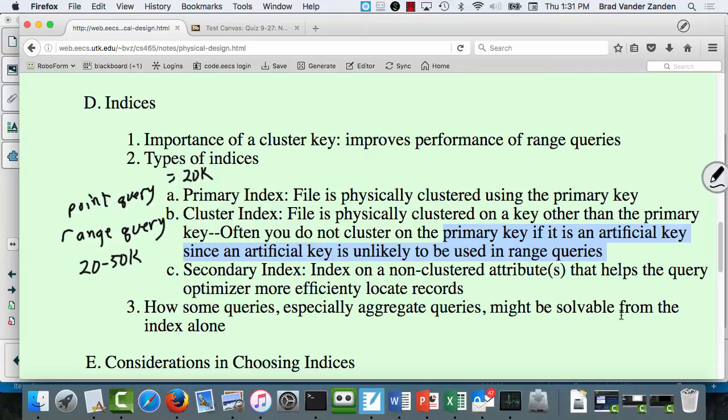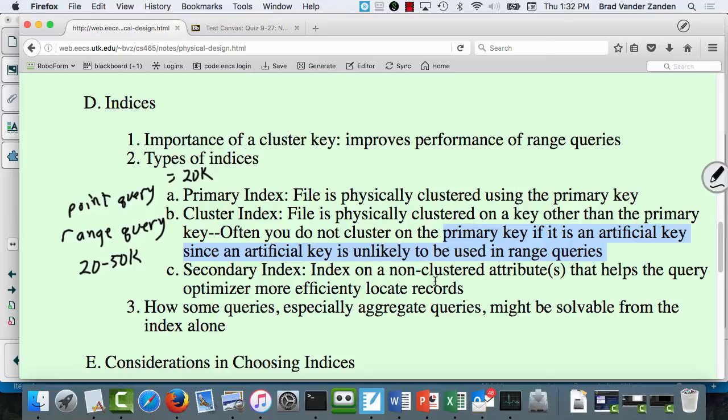Okay? So generally, we actually cluster on some key that is not the primary key. It's actually pretty rare that we physically sort a file on the primary key, because usually the primary key is artificial and not a good candidate for a range query. So normally we're going to figure out what range query is most common and sort on that particular key.